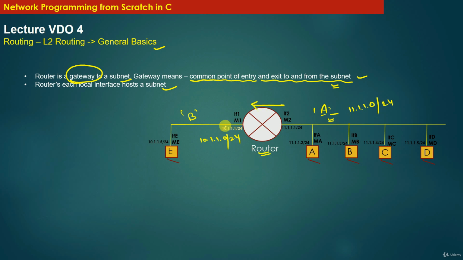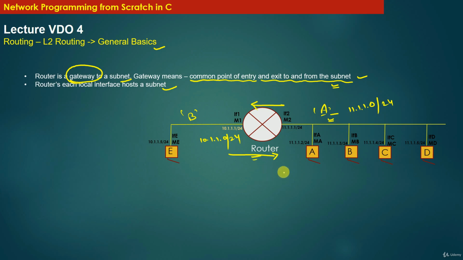Similarly, any packet that is being received from outside the subnet A and is destined to any machine which is present in subnet A has to pass through the L3 router. So whenever there is communication between machines which are present in different subnets, that packet has to pass through the gateway L3 router.